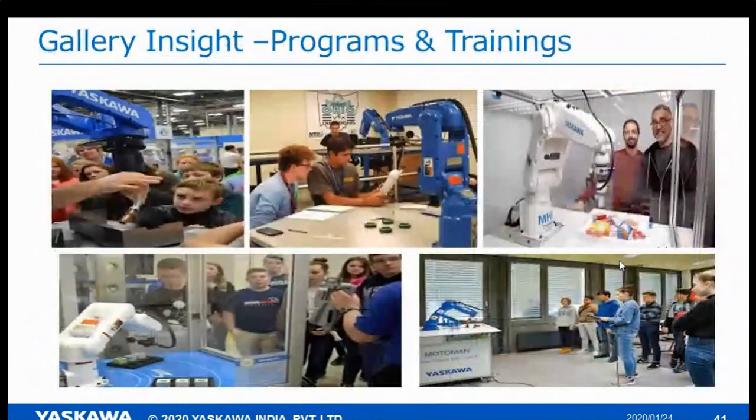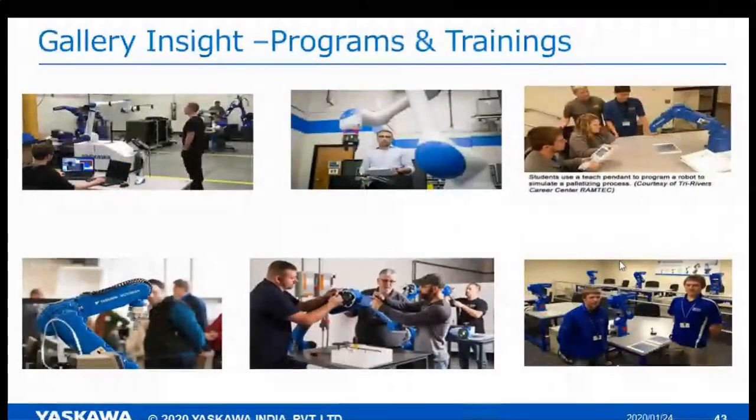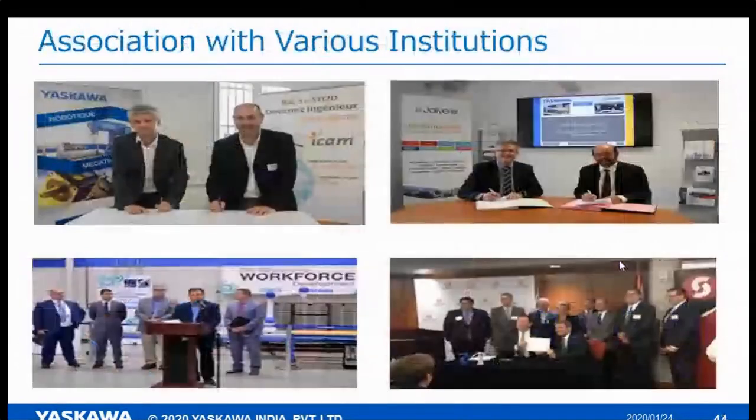These are the galleries of our programs and training centers, in different schools and colleges. This is all international, like Yaskawa Academy in Europe, US, and Japan, and we have a lot of various institutions globally, because Yaskawa is a global company and we have tied up with a lot of institutions.